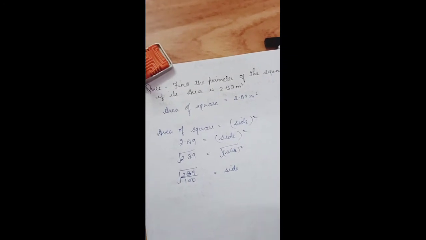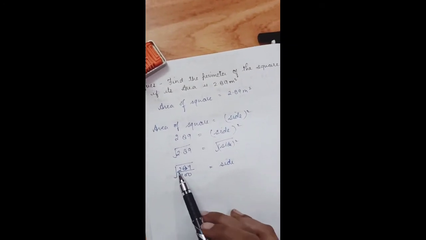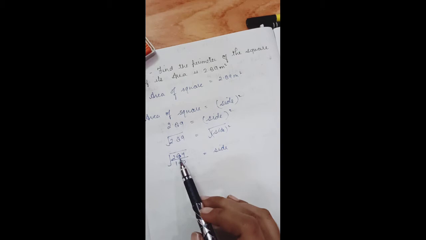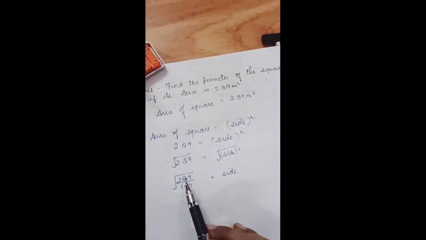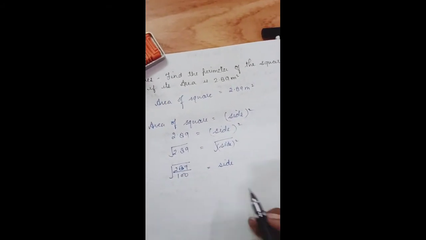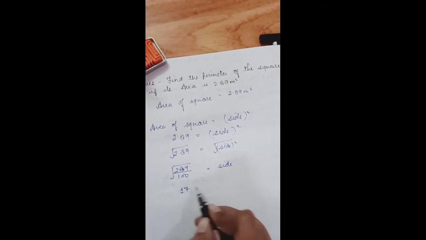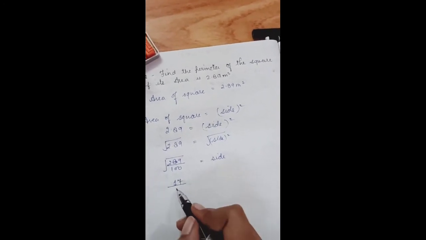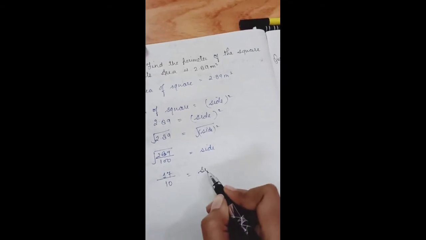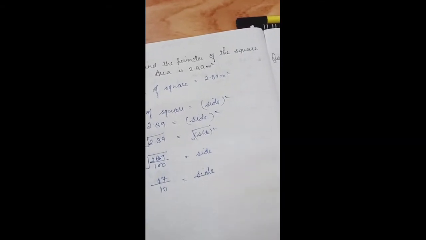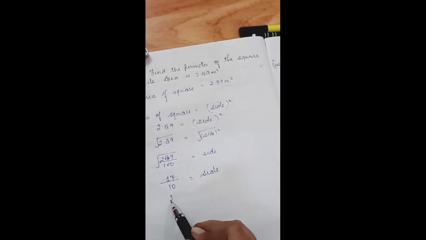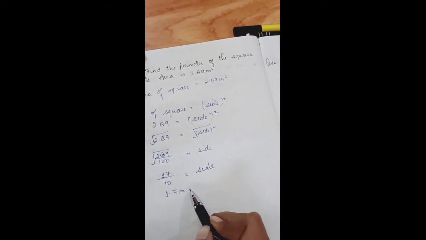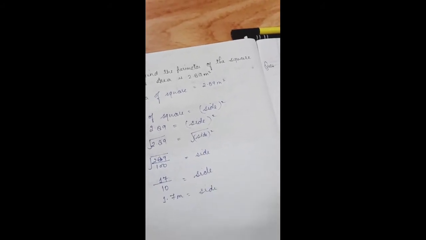Here we get side, right? Now the square root of numerator, that means square root of 289. We all know that the square root of 289 is 17 and square root of 100 is 10. So we get the side 17 by 10, which is equal to 1.7 meter. So this is the side of a square.